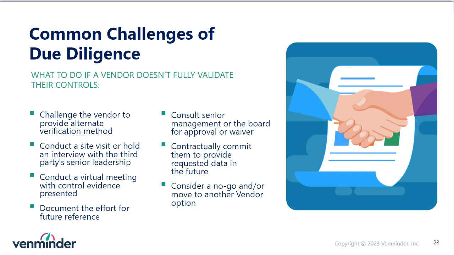You might have to have a virtual meeting where your subject matter experts can talk to theirs. You might have to get a redacted file. Yes, we would prefer non-redacted plans and policies, but they might be more willing to provide partial or wholly redacted files. They might not show you all of the testing results.